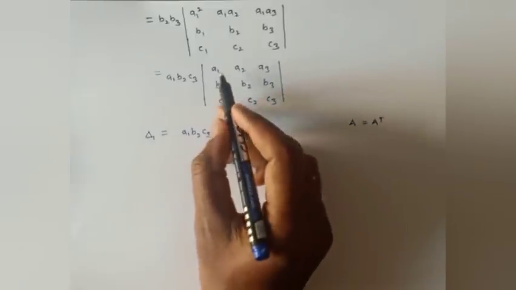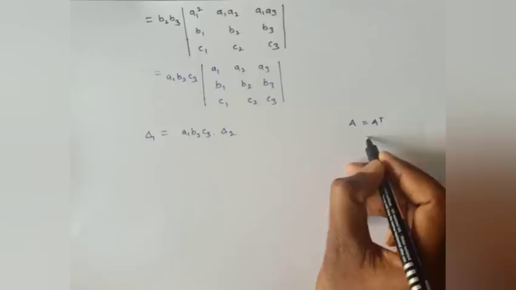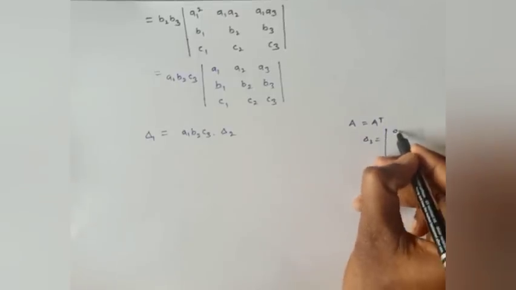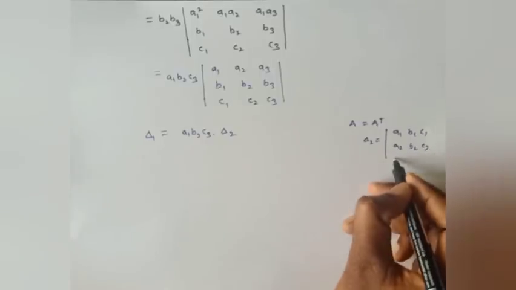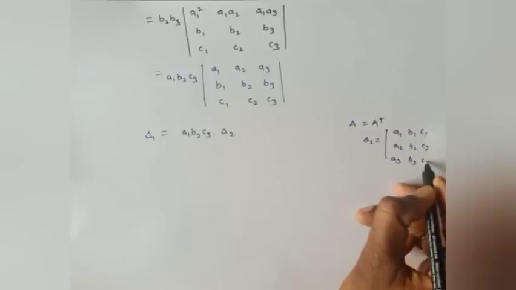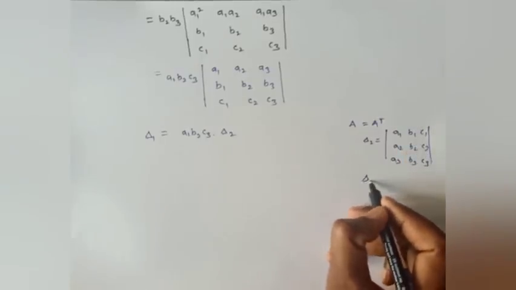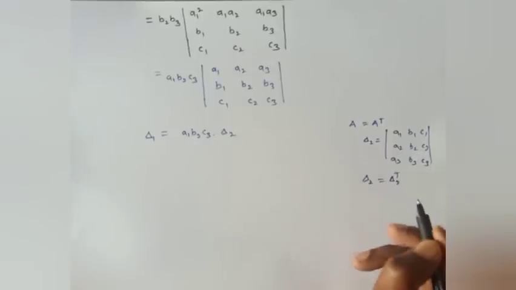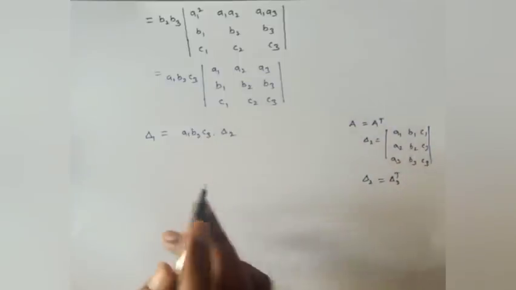Right, so this is actually A1 B1 C1 form, so the given matrix delta 2 is A1 B1 C1, A2 B2 C2 and A3 B3 C3. So already there is a property, delta 2 is always equal to delta 2 transpose, right? So these two things are same, so we can write this as delta 2.